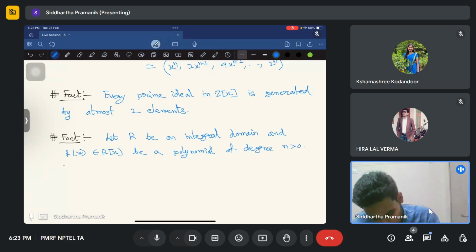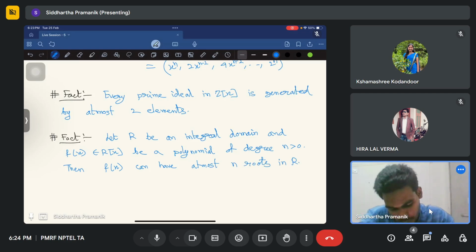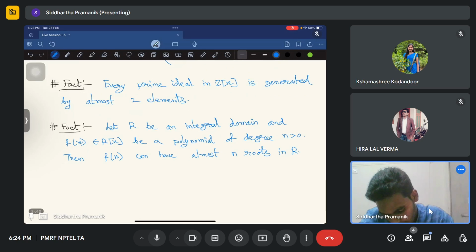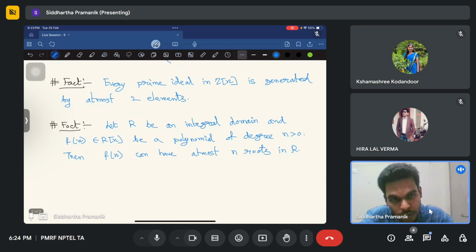Then f(x) can have at most n roots in R. So this is about the number of roots of a polynomial in the polynomial ring R[x].